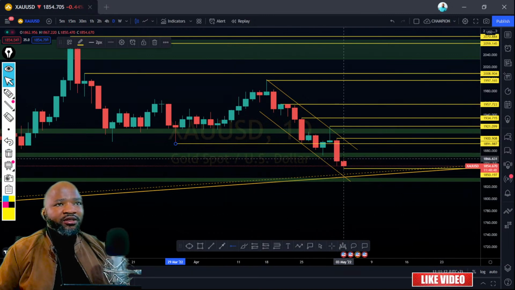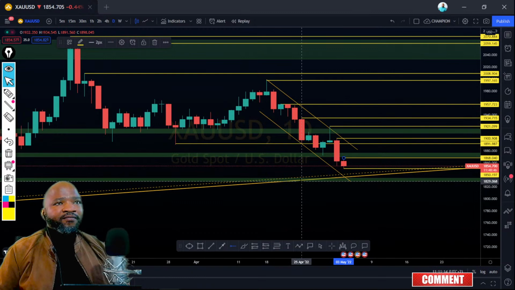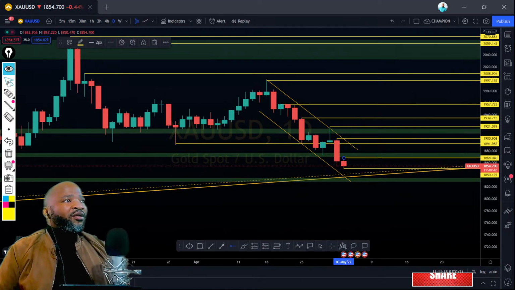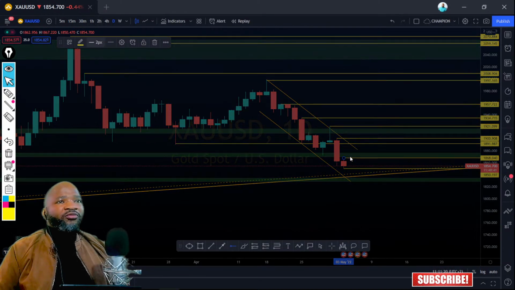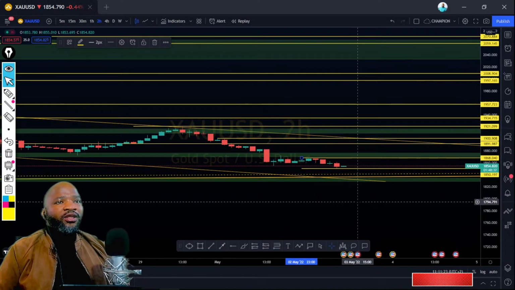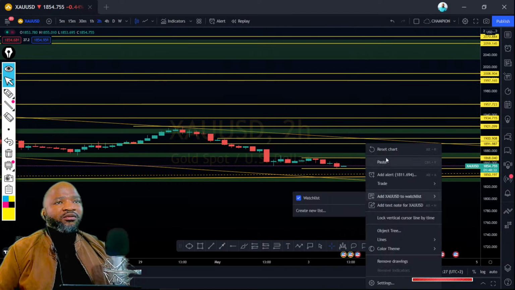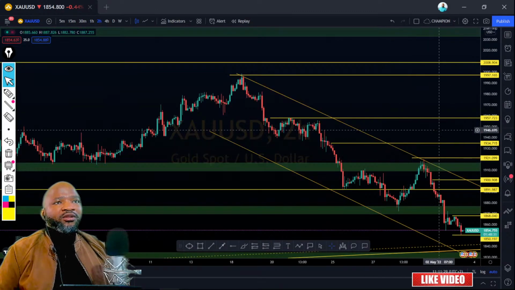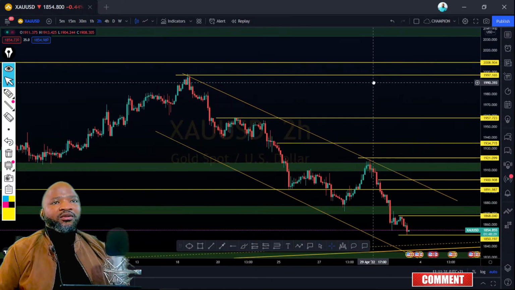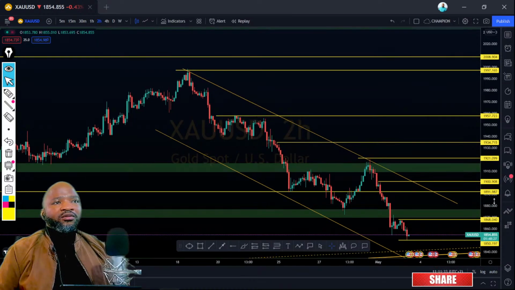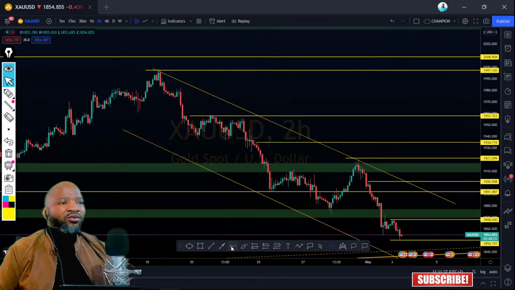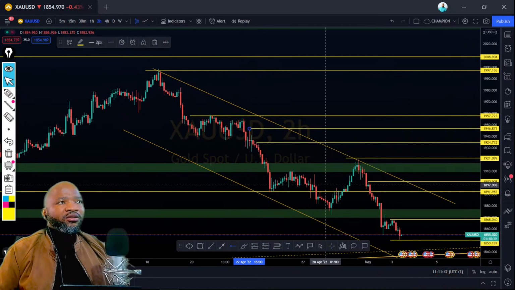Let me place it here. Yeah, so we can push to the lower time frame. Let's go to 2 hourly. Why is it taking so long? Okay, I don't know why it takes so long, but on the 2 hour time frame, let's place it on this week here.